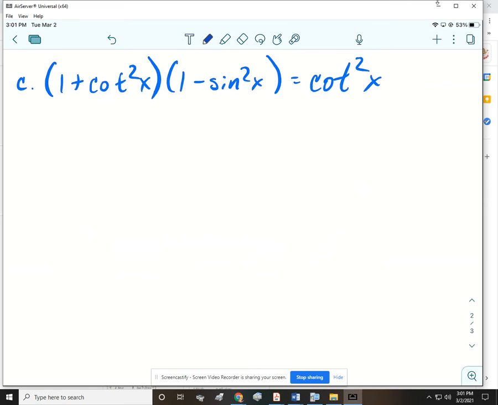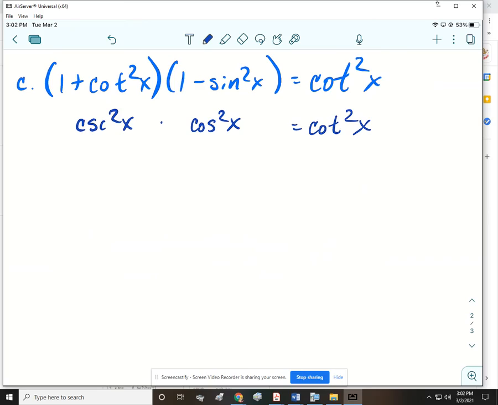So 1 plus cotangent squared of x is an exact identity that is going to give you cosecant squared of x. All right, and then we're going to multiply that. Another Pythagorean identity that's manipulated, 1 minus sine squared of x is going to give you cosine squared of x. All right, then we'll just bring down our cotangent squared.